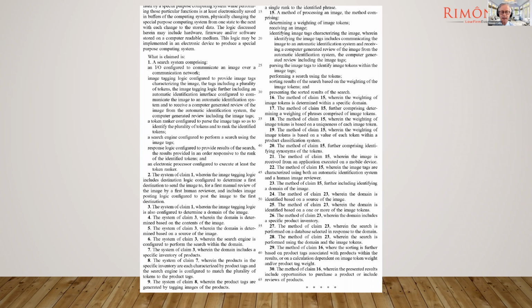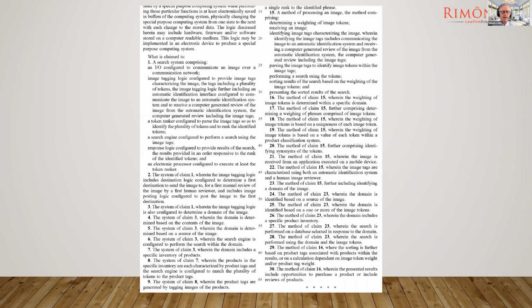So when I look at a claim and I want to analyze whether some product infringes or not, I go phrase by phrase. I actually make a table. I go phrase by phrase through the claim and say, do these people have an I/O that is configured to communicate an image over some network? Yeah, probably, yes. Do they have image tagging logic?